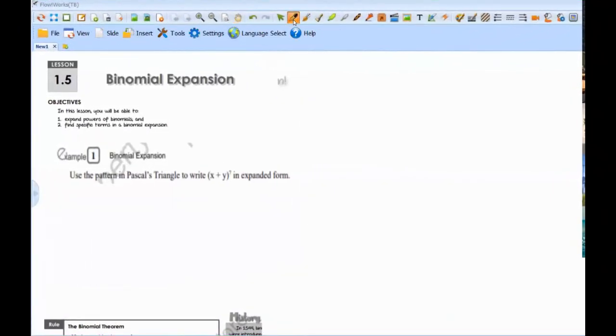So when you were in grade 8, you were already expanding a binomial or a polynomial. For example, expand (x plus y) squared. When you expand this, it is (x plus y)(x plus y).